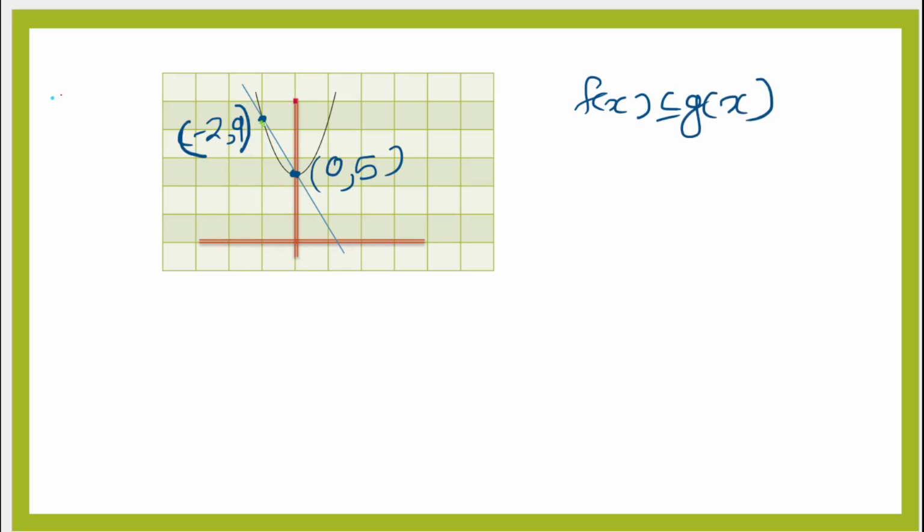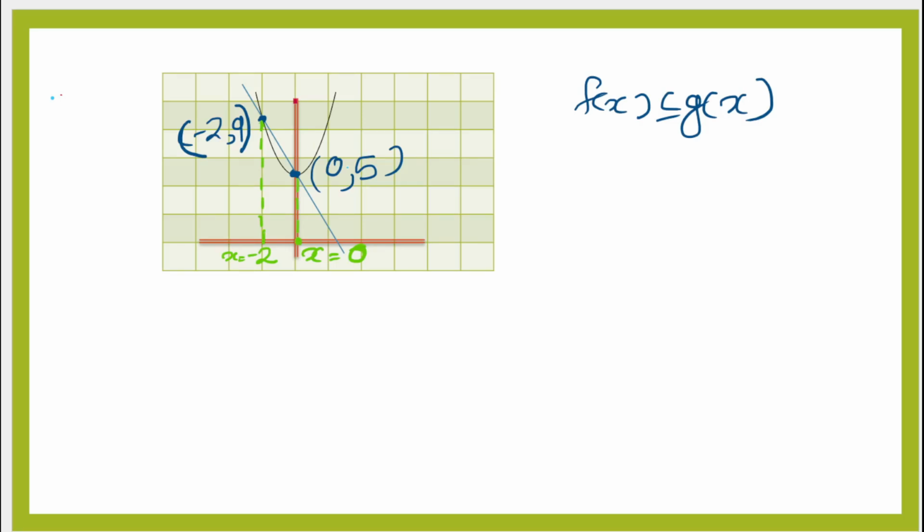Now the corresponding x coordinates are given by x equal to minus 2 and x equal to 0.